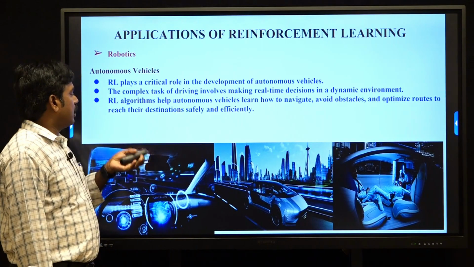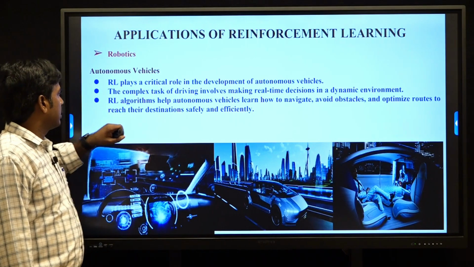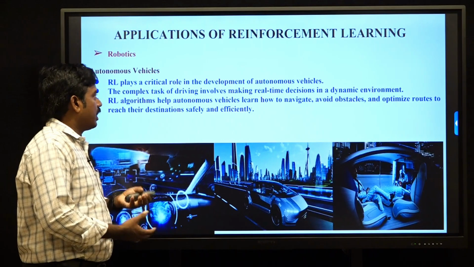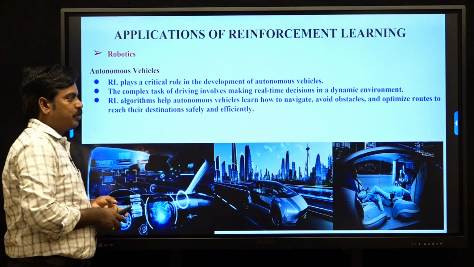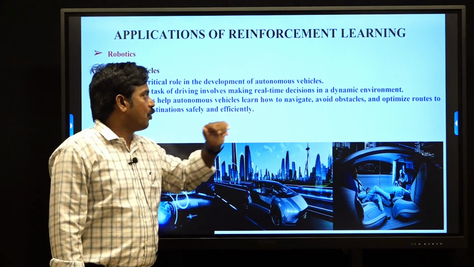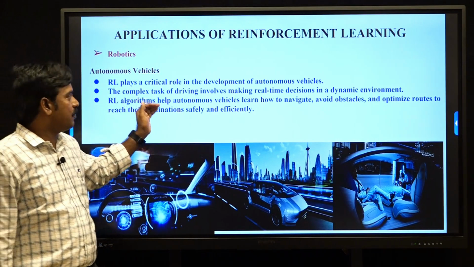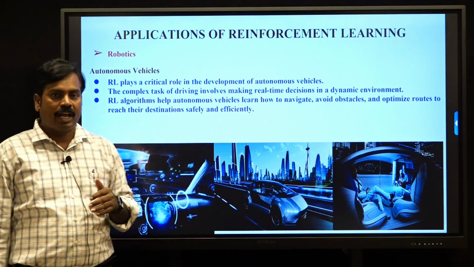Next, we use reinforcement learning in autonomous vehicles. Reinforcement learning plays a critical role in their development. The complex task of driving involves making real-time decisions in a dynamic environment.